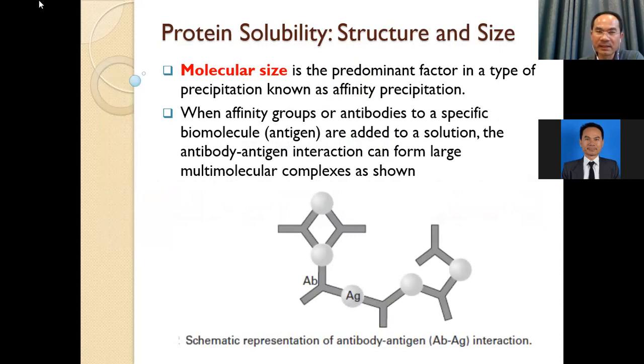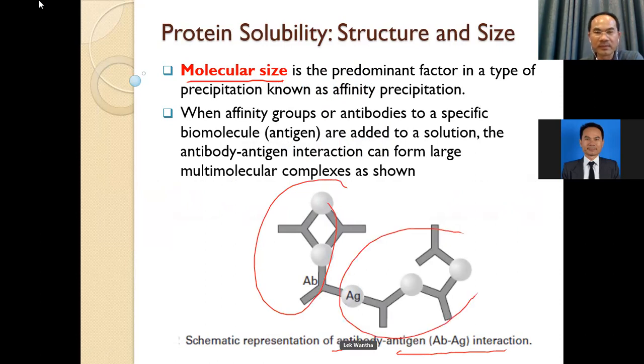The next effect is based on molecular size. This molecular size is known from the group or antibody of the specific molecule or antigen. For example, we have the antibody and antigen interaction.